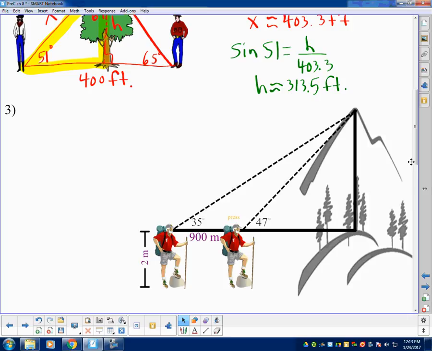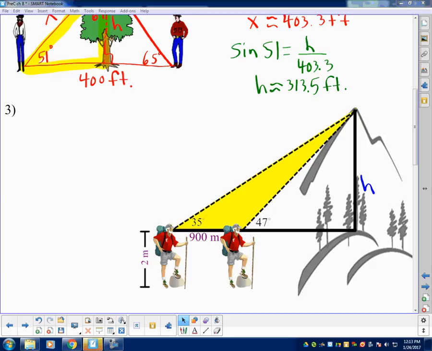So there you got this 2 meters tall. So we're going to have to remember in the end to add 2 meters to whatever we get as the height here. So my goal is to find h, the height of the mountain. And so we have this triangle right here in orange that is not a right triangle, right? We need to use that triangle first to find the information that we need in order to get the height here.